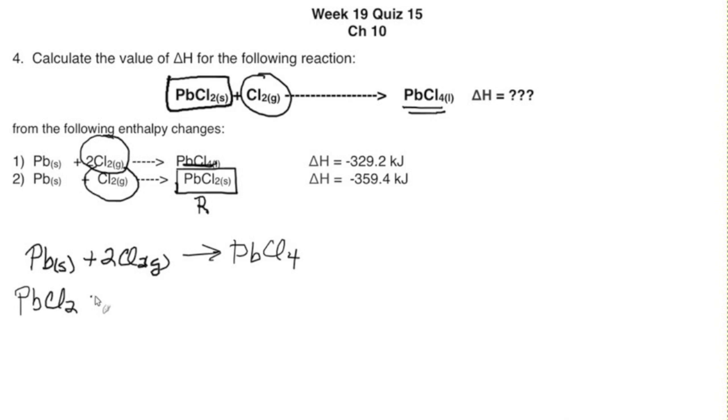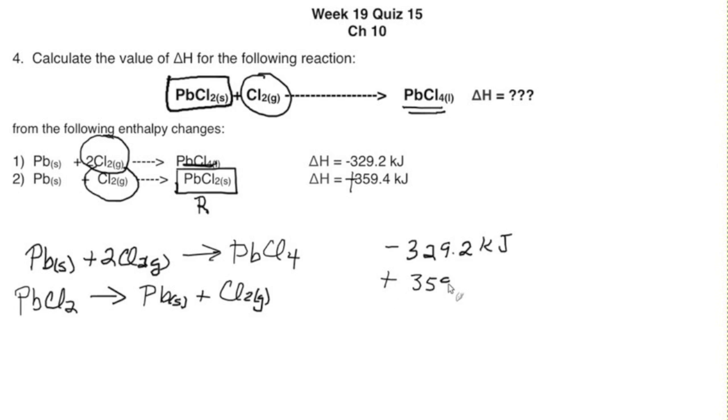PbCl2 yields Pb plus Cl2 gas. Okay. Now we've got to put our delta H's over here. This one's going to reverse the sign. Now we have 359.4 kilojoules.